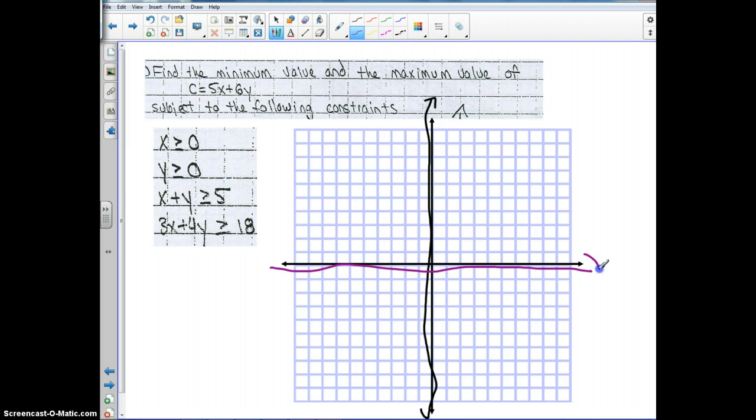Sorry about my lines, guys. So right now, I know my solution is going to be in this region right here, that quadrant 1. I want to graph that second line. So that's x plus y. So my x-intercept is at 5. And my y-intercept is at 5.